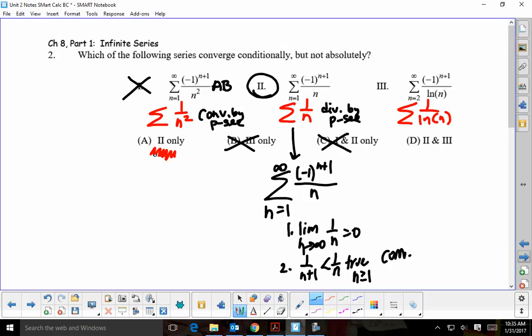Is everybody on 3? Oh, what are we going to do with this guy? That limit, though, is 0, because it's bigger on the bottom. So that doesn't tell me anything.